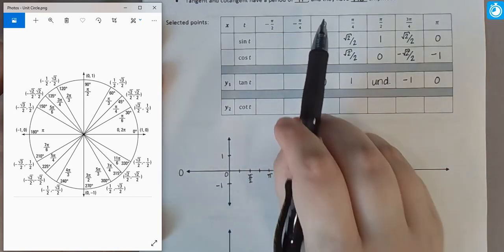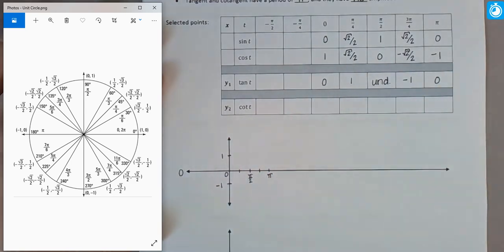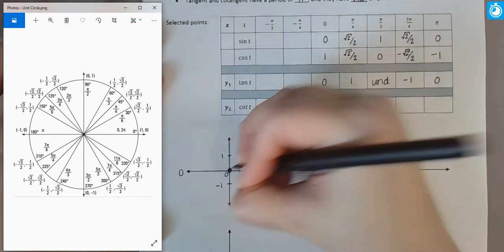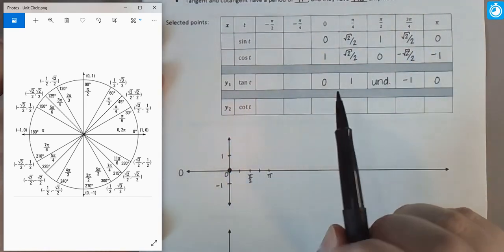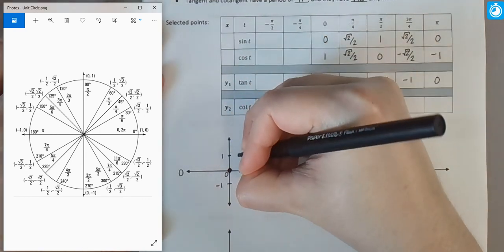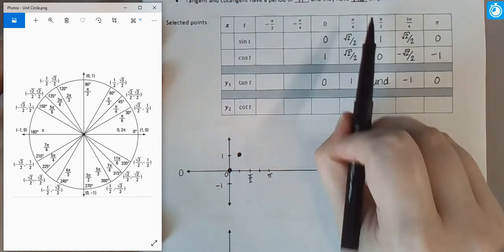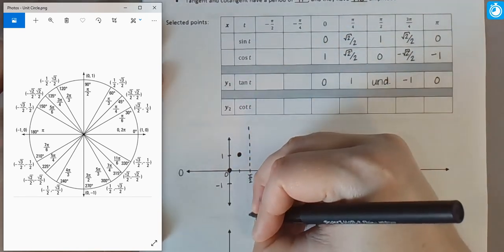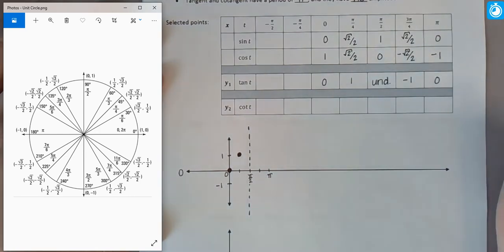So when we're at 0 radians, our tangent has a value of 0. And then when we're at pi over 4 radians, our tangent has a value of 1. And then when we get to pi over 2, it's undefined, which means we now have a vertical asymptote.